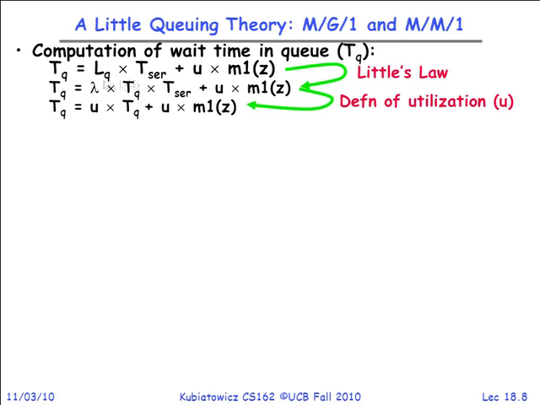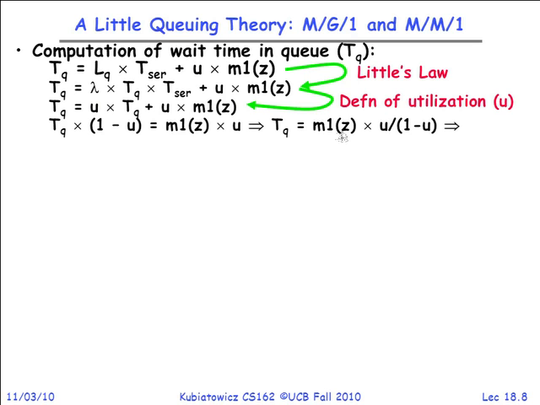Okay, and now what do we do to get TQ? Yes? Well, rearrange and divide by 1 minus U, right? So we rearrange like this and divide it out, and we end up with TQ is equal to M1 of Z times U over 1 minus U. Okay? Just algebra.